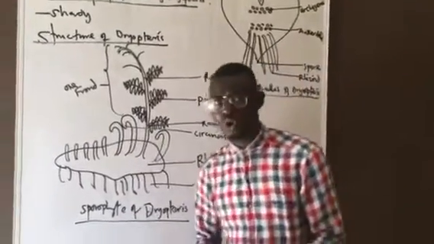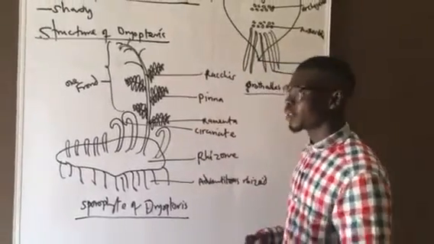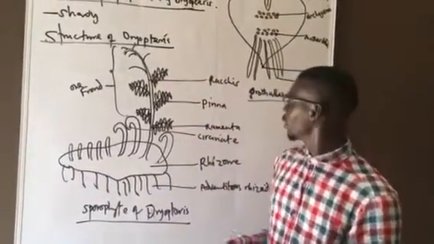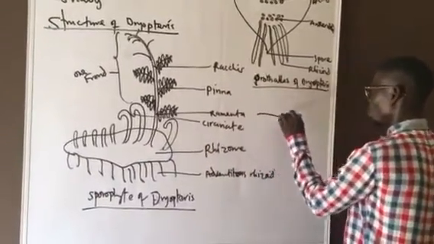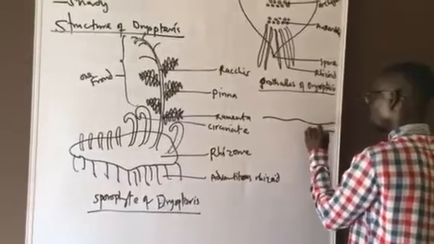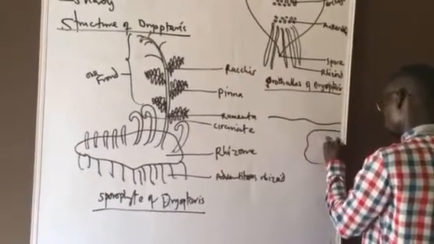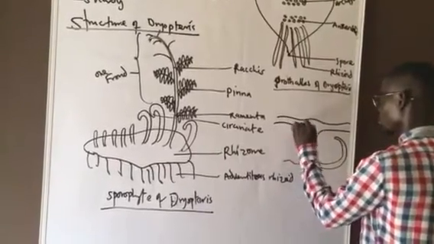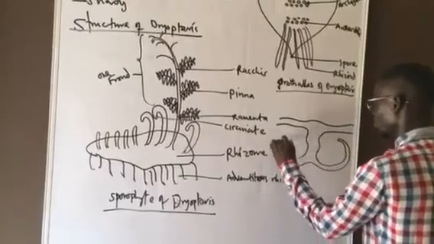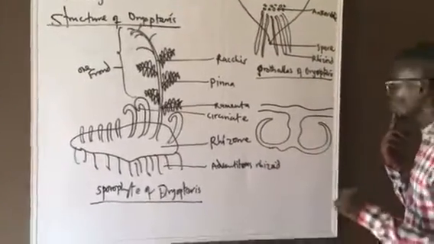The frond is also called sporophyll leaf. So the sporophyll leaf produces sori, and the sori are there in the pinna. So when we say one pinna, so this is the structure.